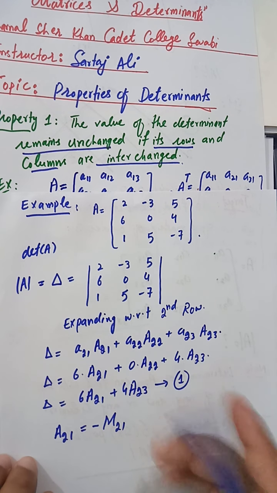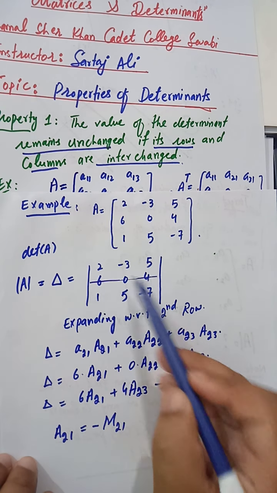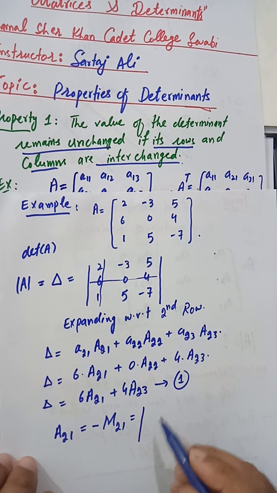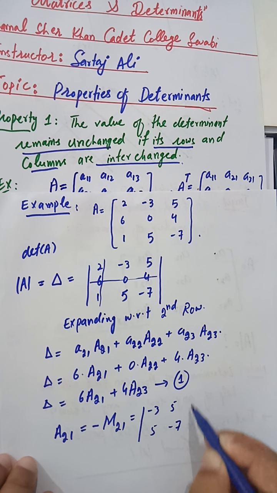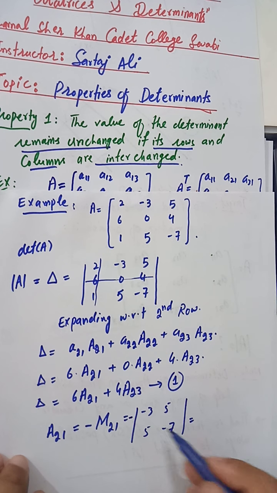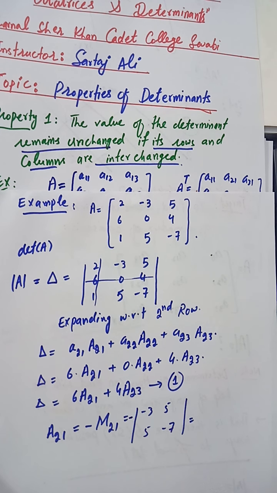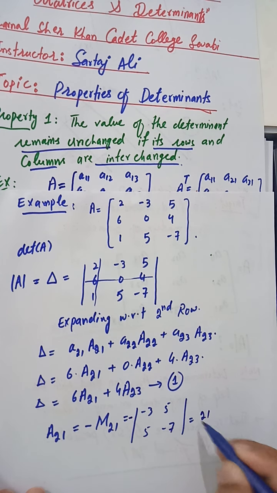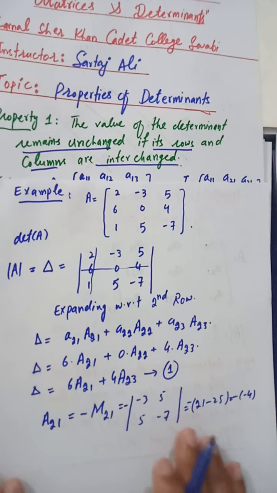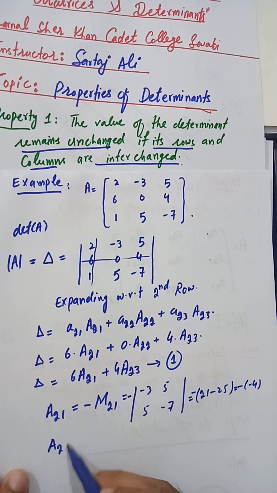So you need to cancel out the second row and first column, and take the determinant of the rest. That is equal to minus 3 multiplied by minus 7, this is 21, and minus 25. So from here you get minus times minus 4, so this is equal to plus 4.